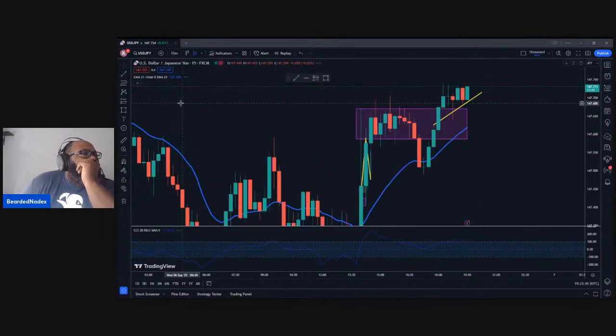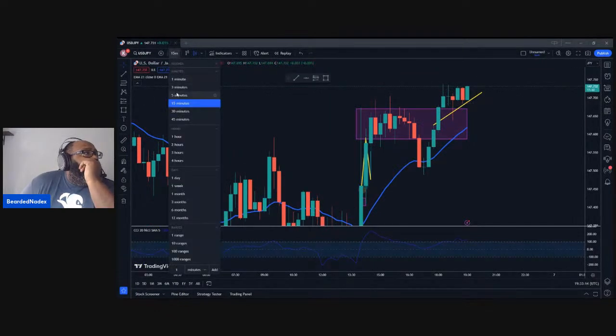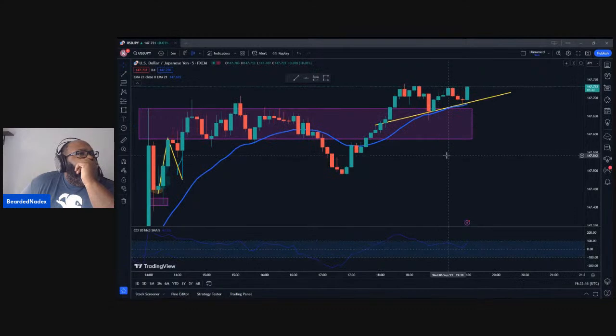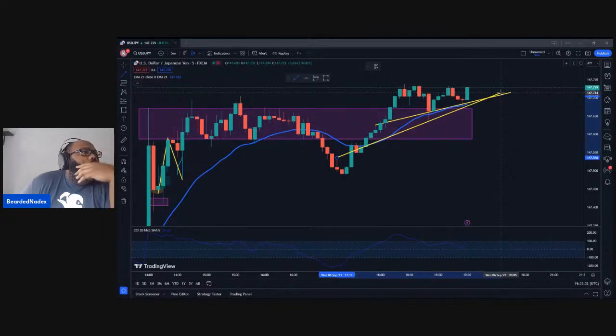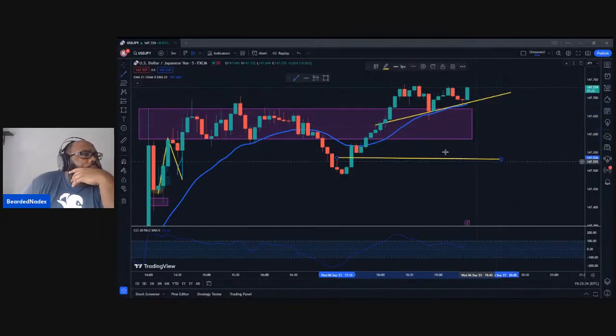Oh, that looks pretty good. You know, see how we're cutting through these small candles?